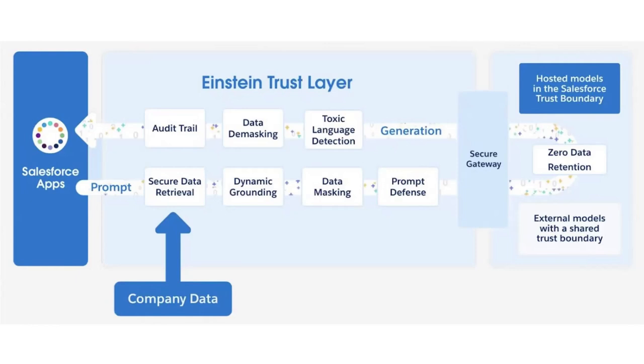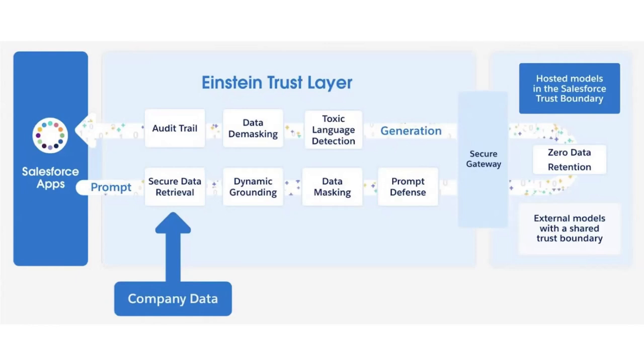Fourth, high accuracy: grounding in trusted Salesforce data reduces unreliable outputs. And fifth, scalability: the same pattern can be applied across sales, service, marketing, and analytics use cases, enabling broad adoption. So the trust layer turns risk into scalable AI adoption.